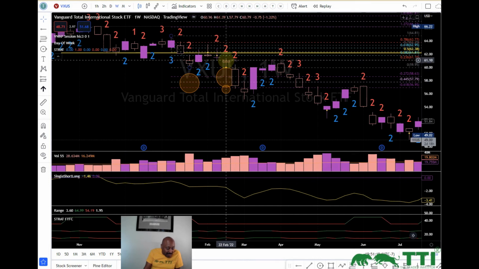This bar here, it opened here, it went all the way to target 1, 2 before it reversed. And the next day it went to target 3. So at target 1 I'm taking 50% position off, target 2 I'm going to take another 25% off, target 3 could go to 0, I don't care, but boom, target 3 hit.